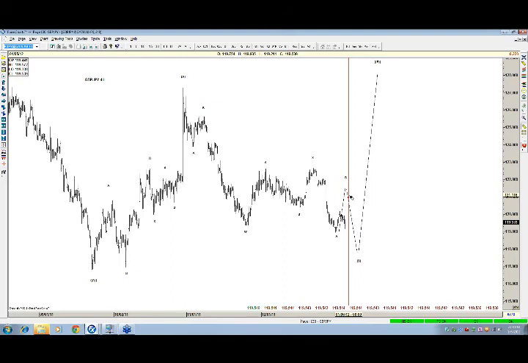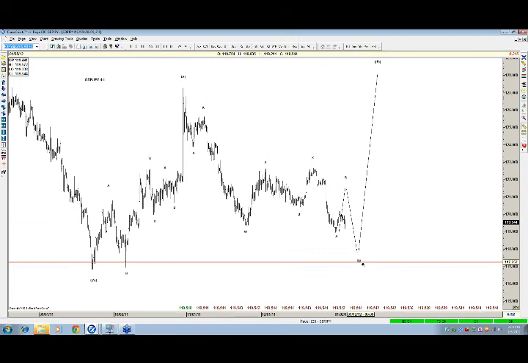So I see yen weakness, believe it or not, in a corrective wave before another round of strengthening of the yen takes place. That's what I see.